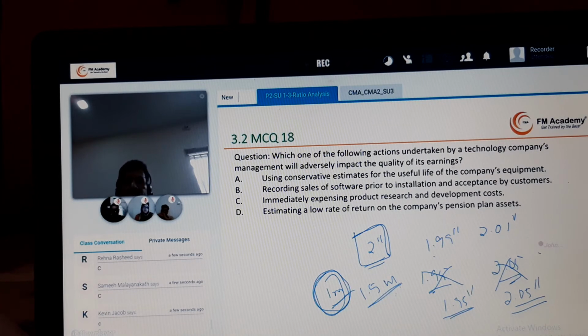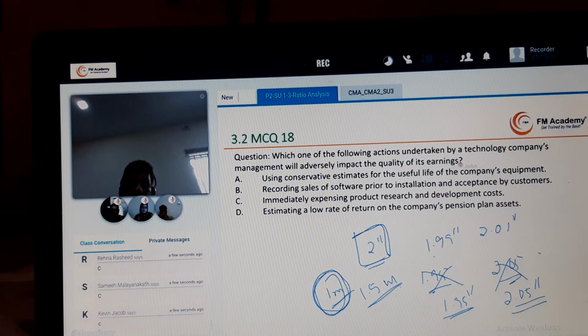So, using conservative estimates for the useful life of the company's equipment. If you are having a conservative estimate, it means you are not overestimating the useful life, it's the opposite actually.